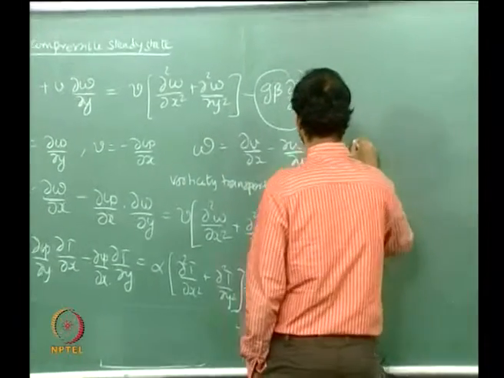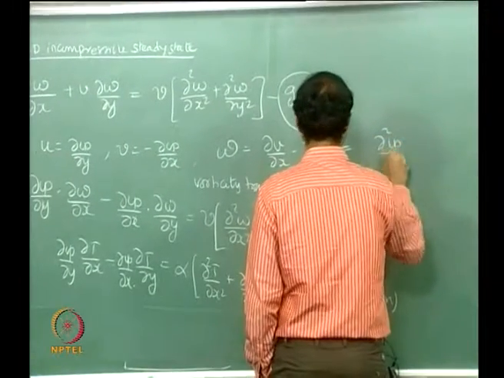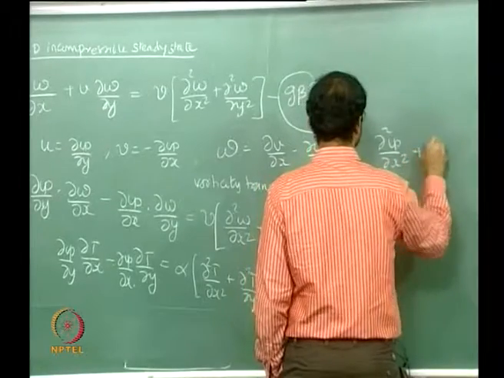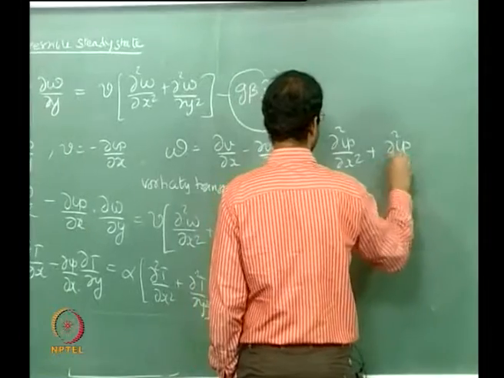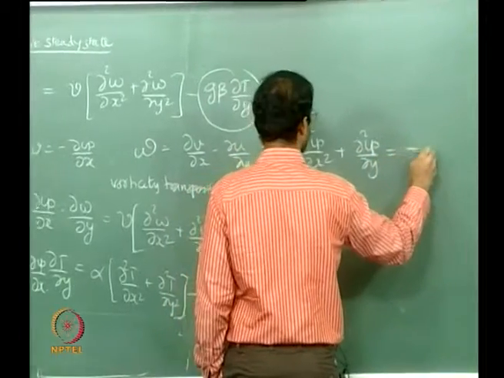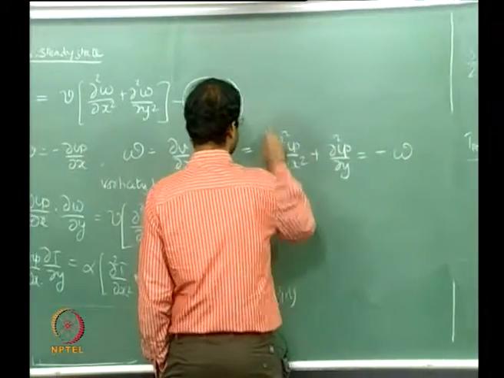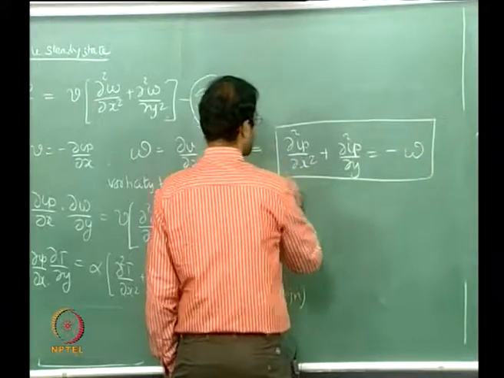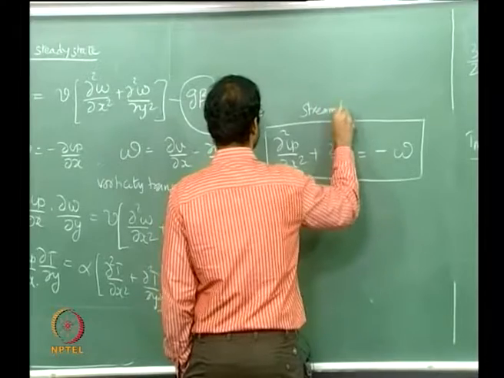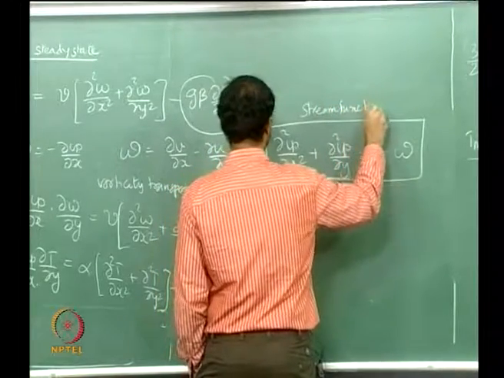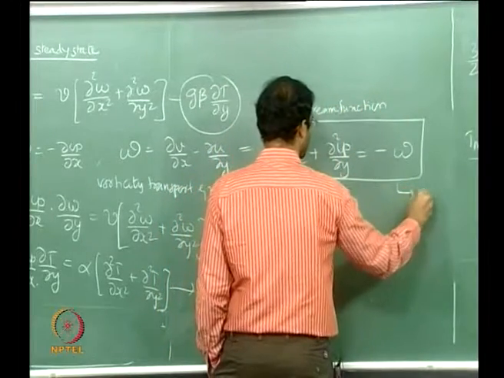So therefore this becomes d²ψ/dx² plus d²ψ/dy². For u it will be dψ/dy. So this is equal to minus omega. So this is my third equation for stream function. So I call this equation number 3.